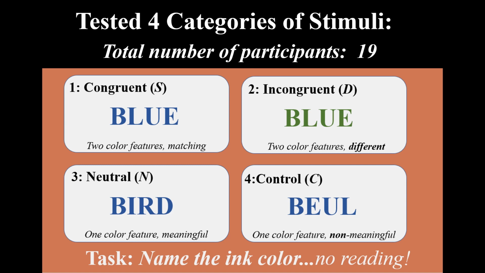So they read the word. And they also had a control condition that was just a combination of letters that did not form a real word. So they're like random letters in just any color, but it's not a meaningful word.